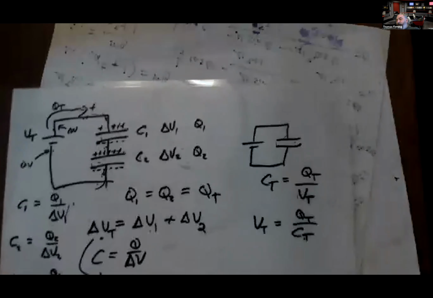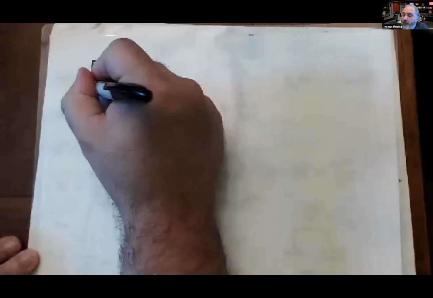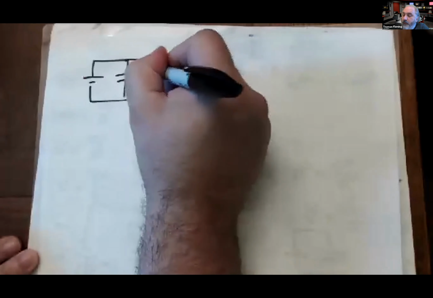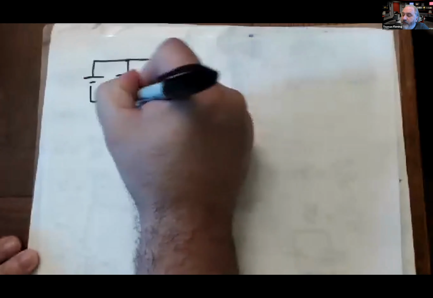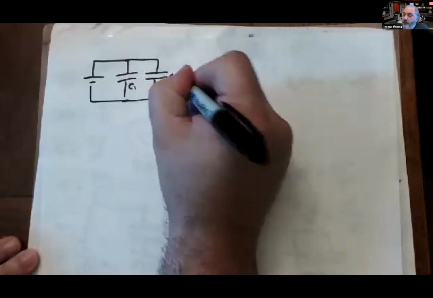So you can probably guess what's going to happen next. What if I have capacitors that aren't in series? What if I do this instead? Here's my battery. Here's capacitor 1. Here's capacitor 2. Well, now let's think about what's going to happen.